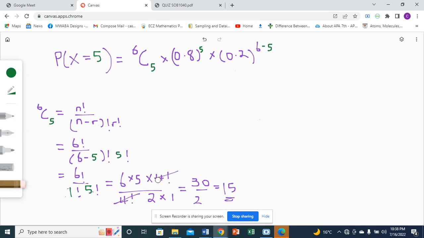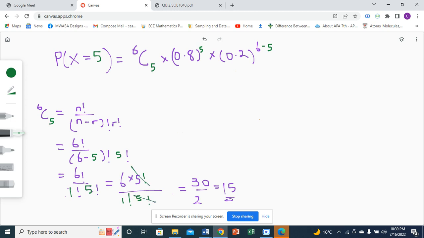All right, so here we're going to have 6 times 5 factorial over 1 factorial and 5 factorial.